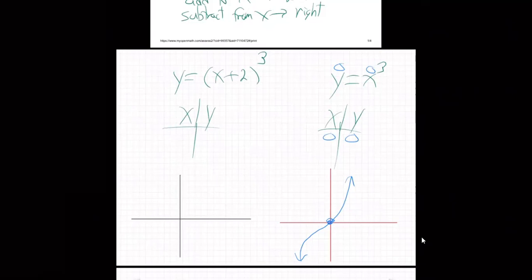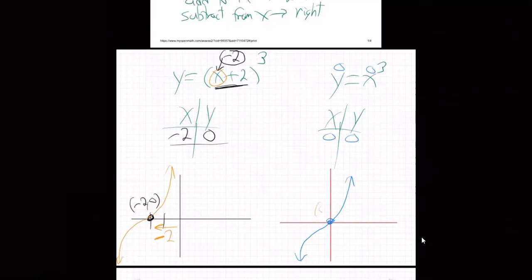What do I have to plug in for x to make y 0? Can you see it? -2. If you put in -2 for x, y is 0. That means back 2, up 0. That's the point. Back 2, up 0. Do you see what it's done to the graph? It's shifted it, hasn't it? It's moved it back 2, because you got to plug in -2 here to get y 0.